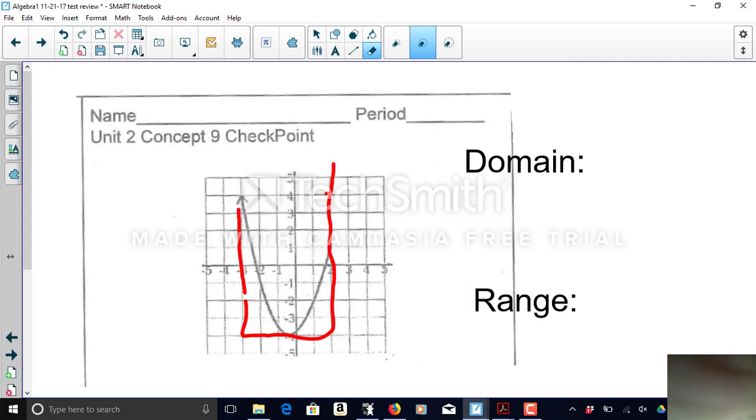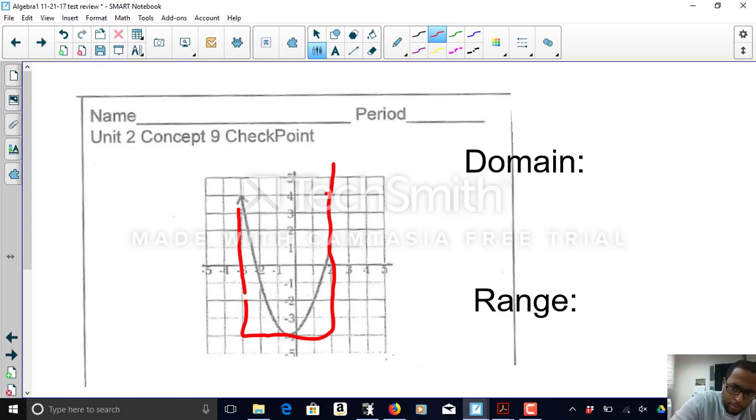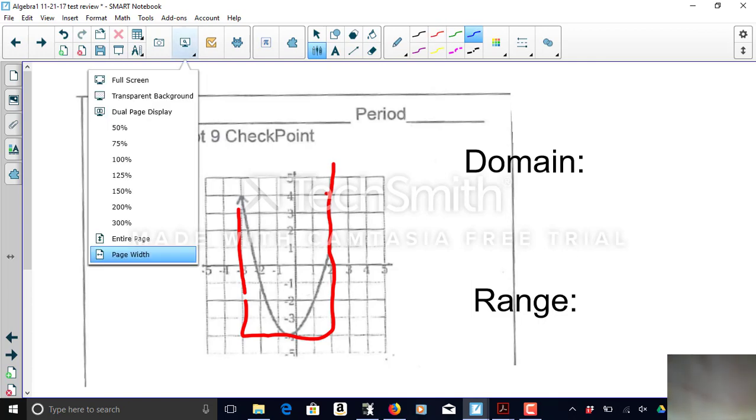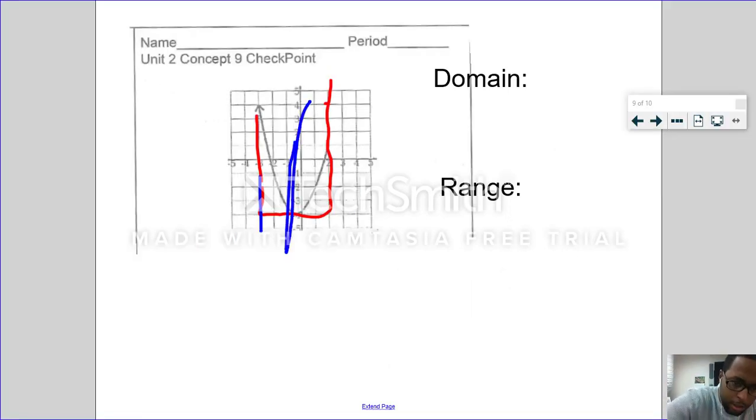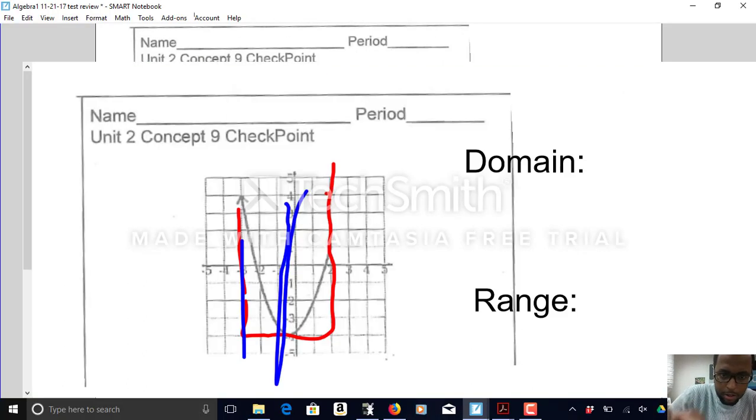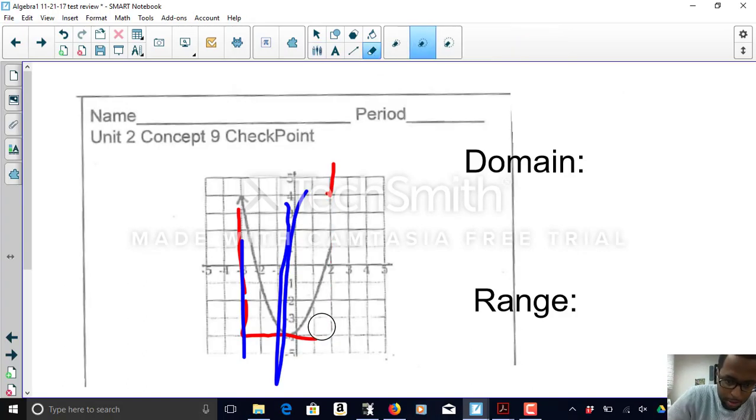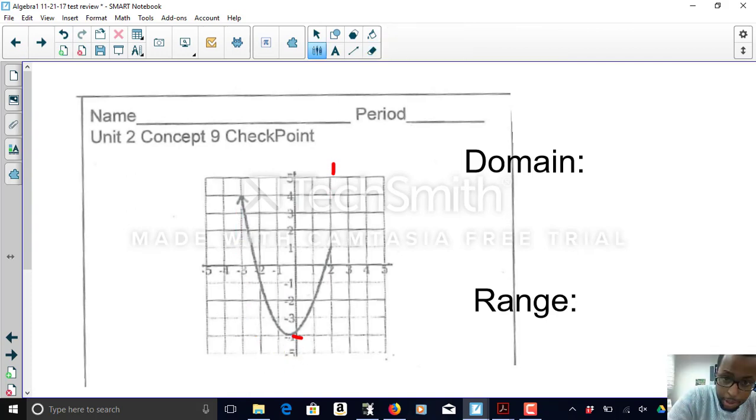So let's look at the x first. I'm going to change the color so we can see the x first. Okay. Oh, sorry. So I'm looking at where this thing starts on the x-axis. When I look, I realize that this keeps going.